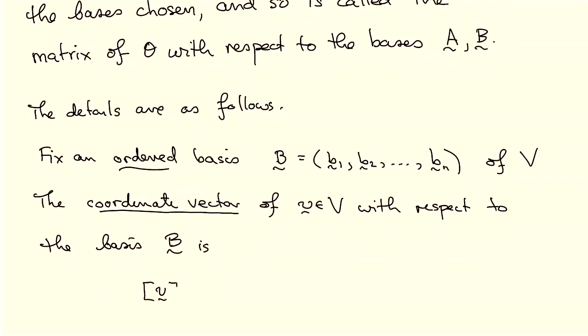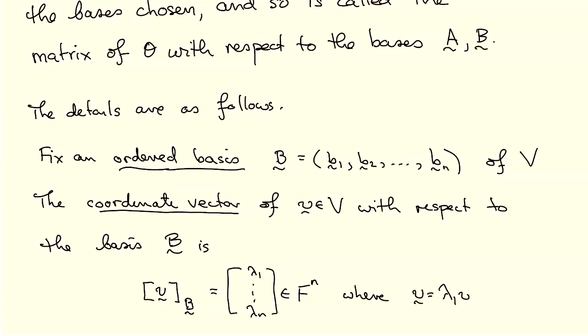I'm going to use little square brackets around the V and the B down the bottom, telling me that it's with respect to this basis. And it's just lambda 1 up to lambda n. So note that it's something in F^n where, what are the lambdas? The lambdas are what I get when I write V in terms of the chosen ordered basis. They were called B1 up to Bn.